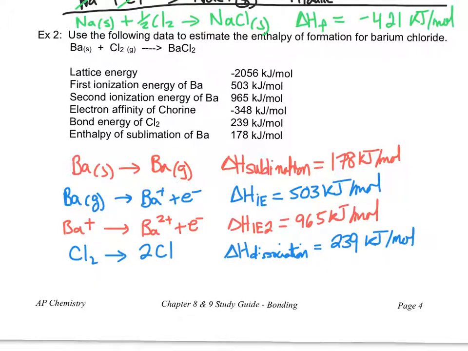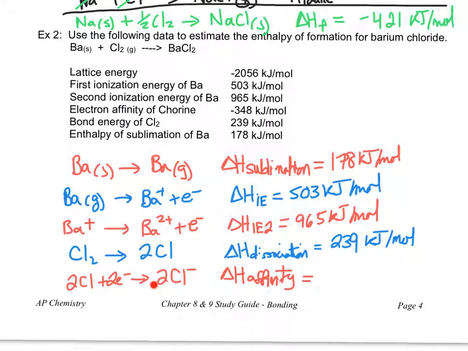But we do need to take my chlorine that's dissociated and add electrons to it, so we get chloride ions. And we need both of those, so we need two of them. So we'll say 2Cl plus 2 electrons yields 2Cl minus. And this would be the affinity of chlorine. Now the affinity of chlorine is given to us as negative 348 kilojoules per mole, but that's for just one chlorine atom to become Cl minus, to gain that electron.